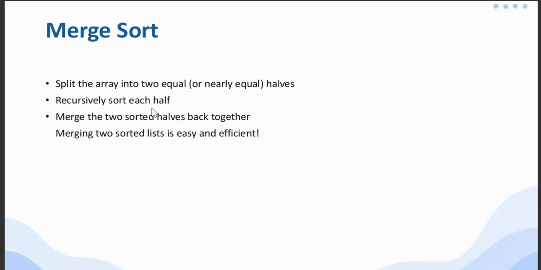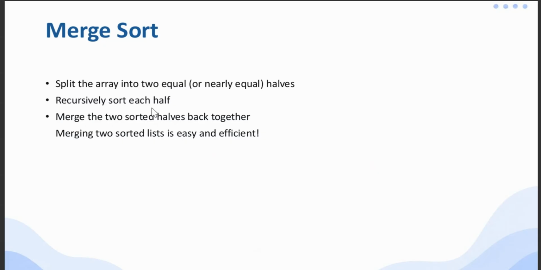Now let's discuss merge sort. This is the first divide and conquer sorting algorithm we are discussing, and it was developed by John von Neumann in 1945.